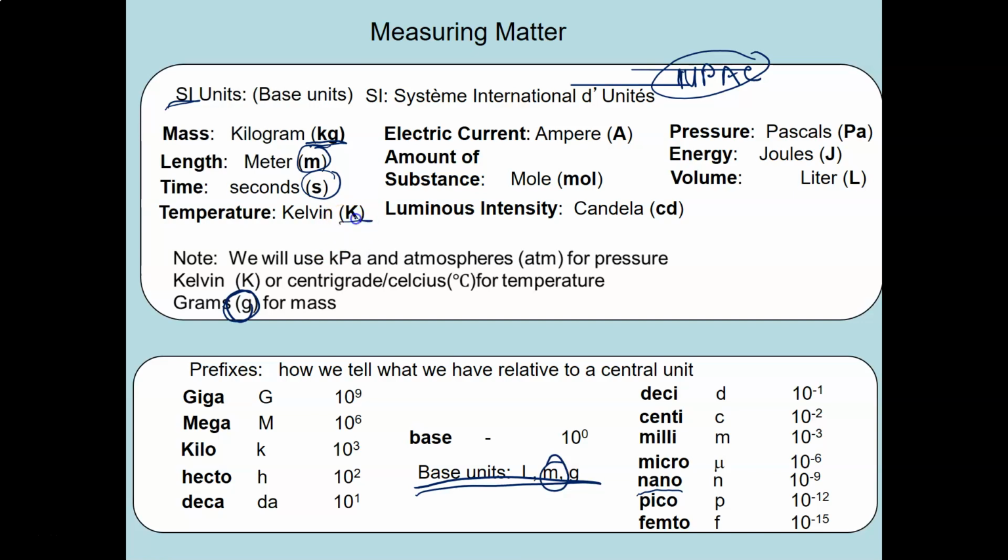Temperature's international unit is Kelvin. We will start with Celsius to begin, and then we will be working completely in Kelvin later on in the year. We will talk about electric current. You'll use that more in physics, but it's an ampere. We will talk about it when we do redox, because we will make a battery, and hopefully by then there will be treatments and vaccines for COVID, so we can really do labs.